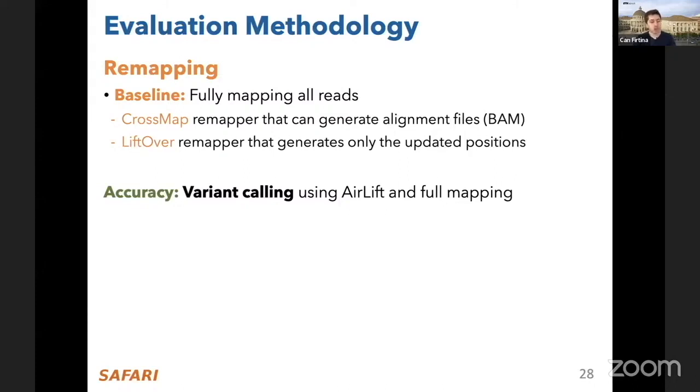So we cannot use CrossMap or Liftover for variant calling, because they cannot generate BAM files that can work with the downstream analysis, because they cannot either generate a BAM file in the case of Liftover, or with proper cigar strings and other flags, or in the case of CrossMap, it cannot quickly and also accurately modify all the alignment flags such that it won't be problematic when going over the downstream analysis, for example, marking duplicates and also performing variant calling.